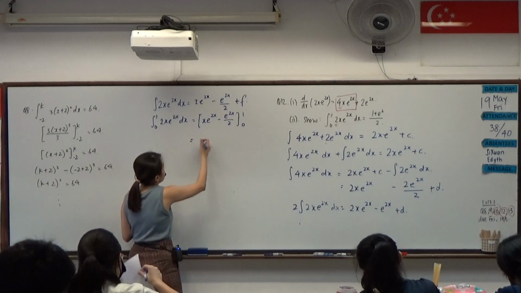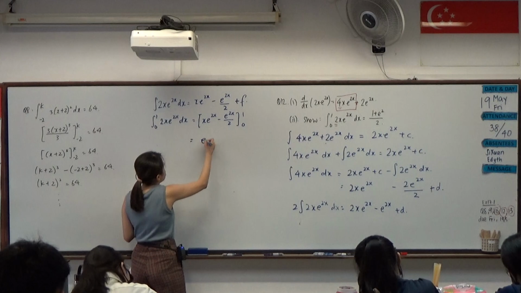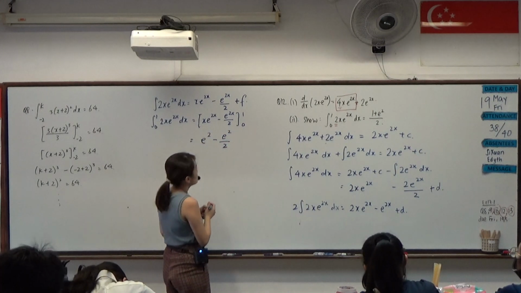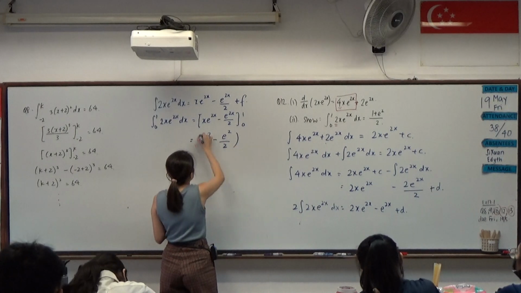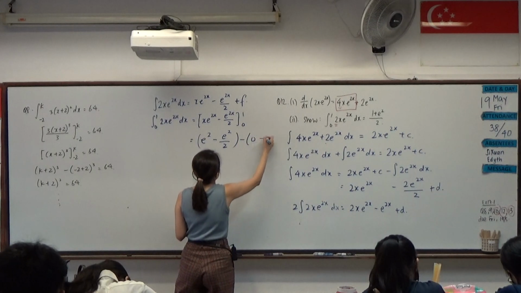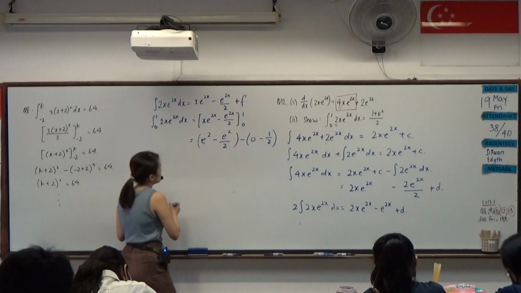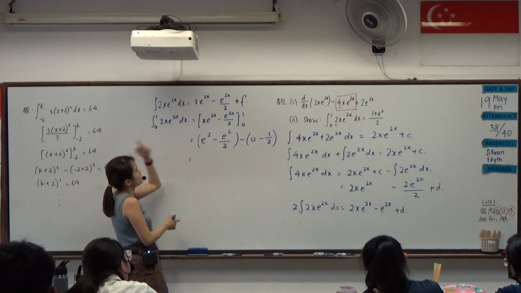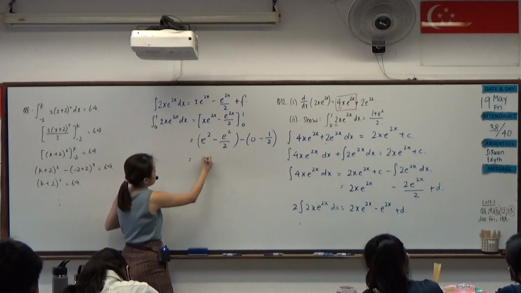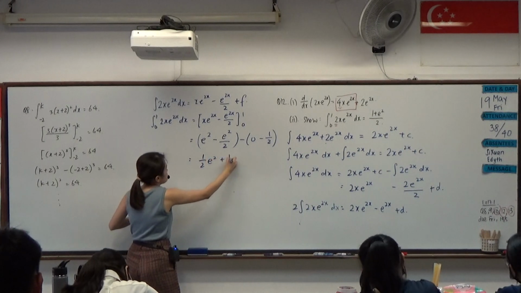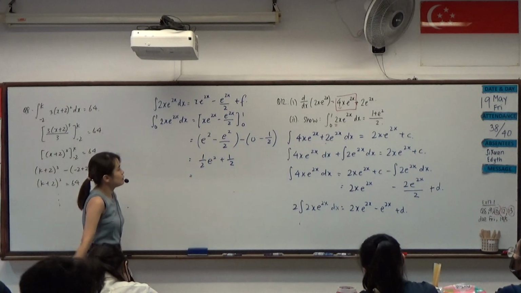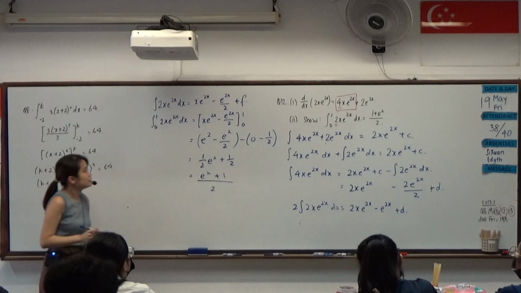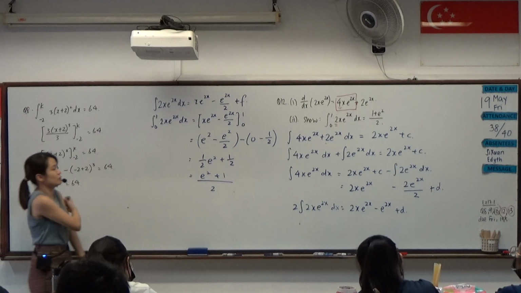Substitute in the values, we will get 1 times e to the power 2 minus e to the power 2 over 2, minus away 0, minus away half. So e square minus half e square will give us half e square plus half. Then we put it into the same denominator. So, yeah, we are able to show it.